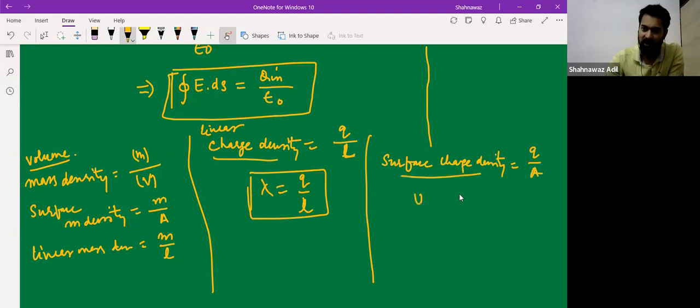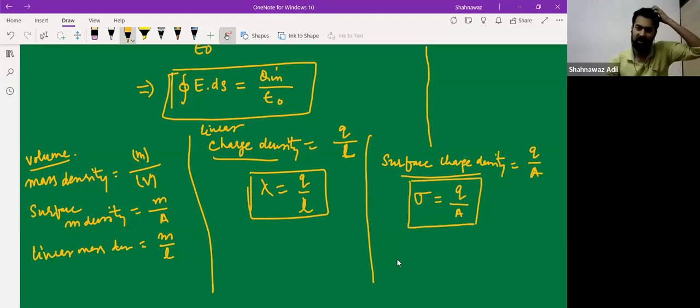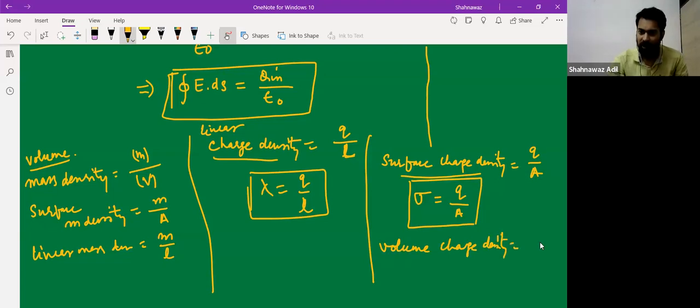So sigma is Q by area. And you have another charge density, which is volume charge density. This would be Q by volume, and this is represented by rho. So rho is Q by volume, not the velocity.